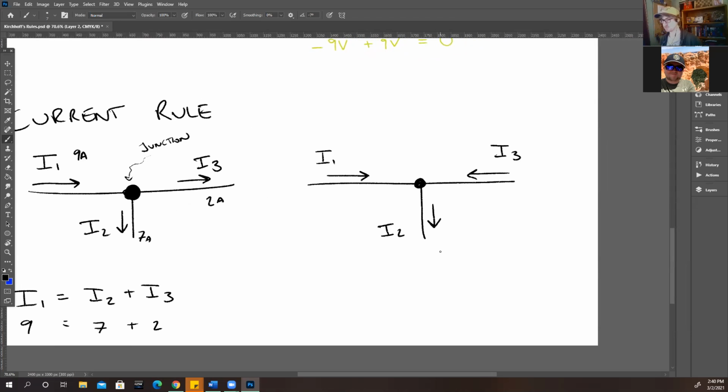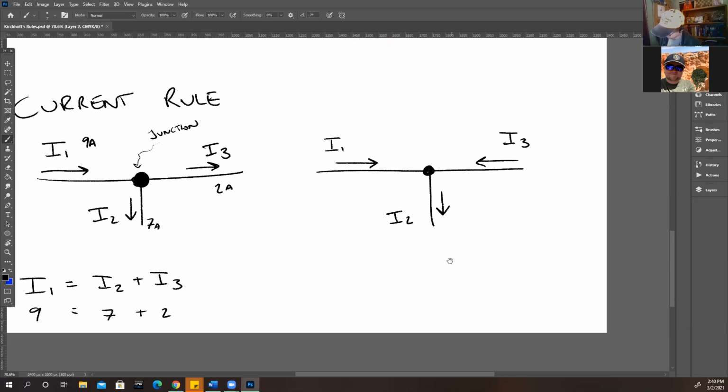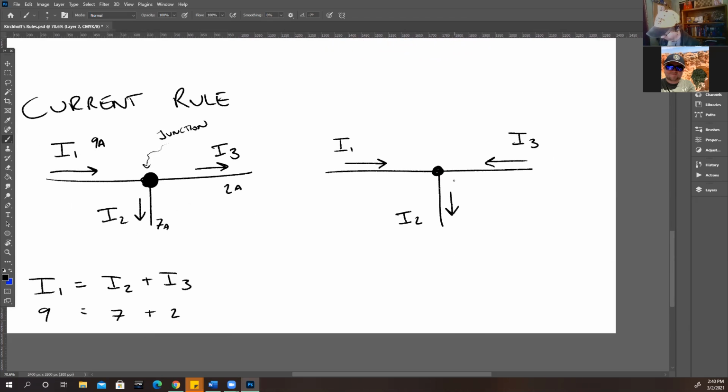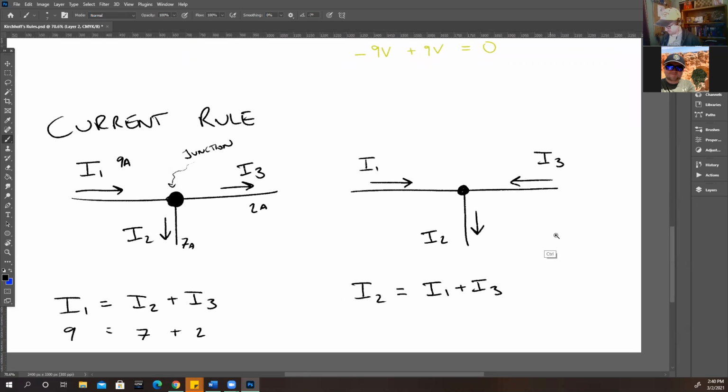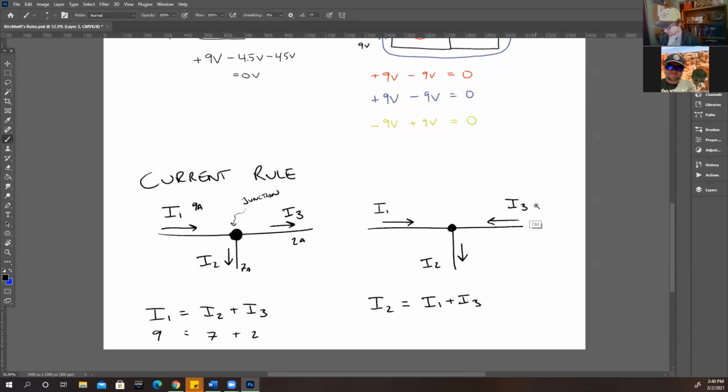So what is the current flowing into the junction? That would be 1 and 3, because they are both going into the dot. And current 2 is the only one flowing out of the junction. So I'm going to write my equation like this. Current flowing out is the same as the current that flowed in or entered the junction: I2 equals I1 plus I3. This works with any sort of junction anywhere.